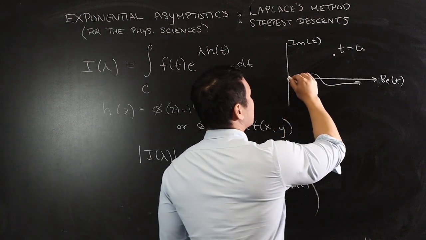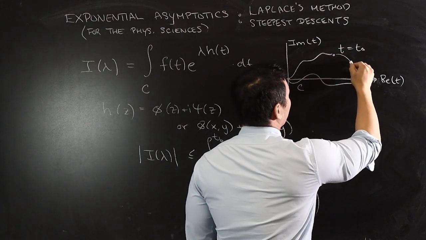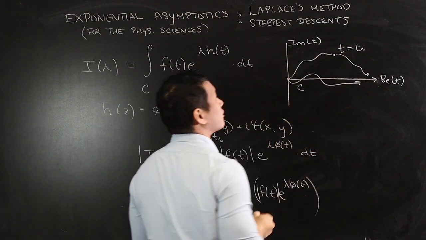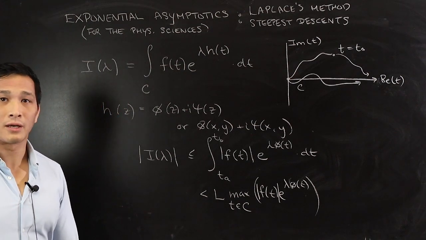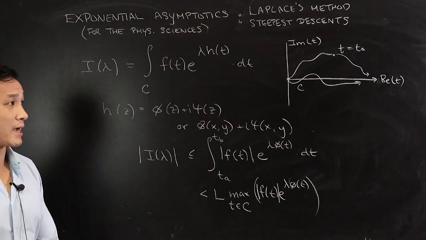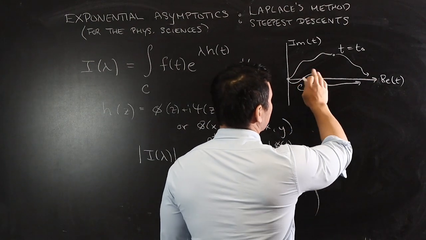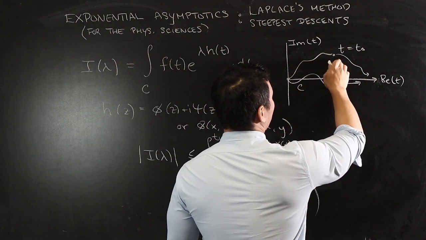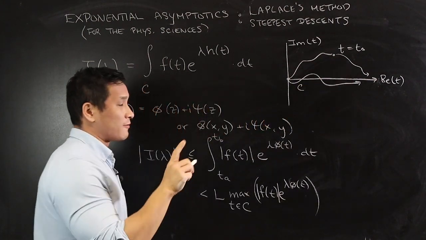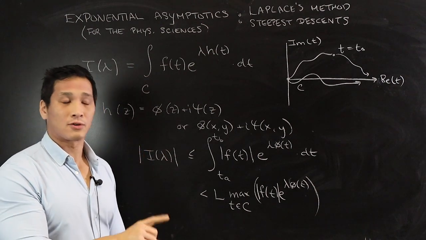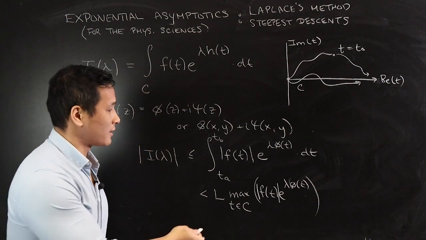And in that case, I can feel free to deform my contour through that point and not change its value, as long as I don't pass through any singularities or anything like that. So I can take my piece of string here from 0 to infinity and then just deform it through a value that I suspect is going to exist, this t naught, where phi is maximal.